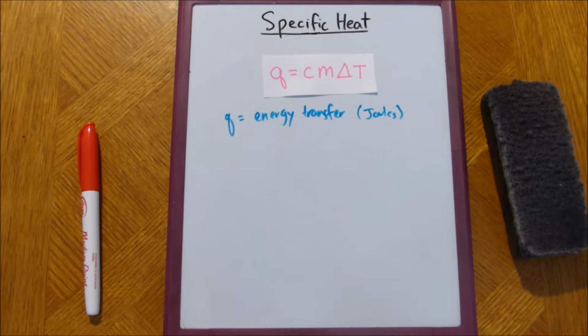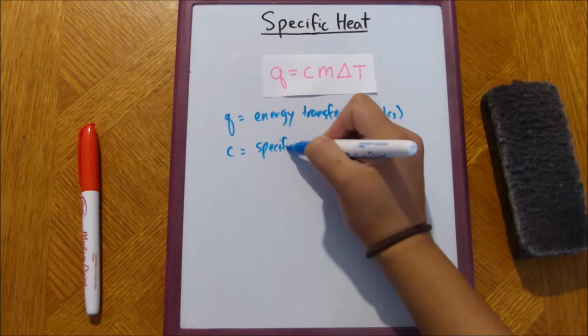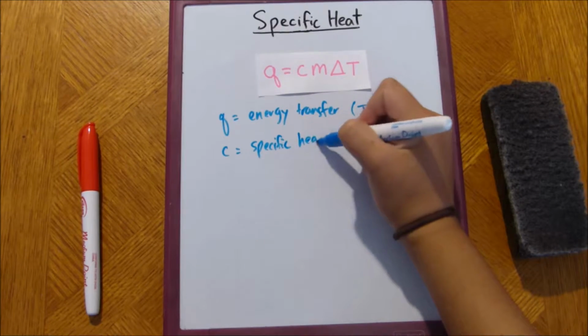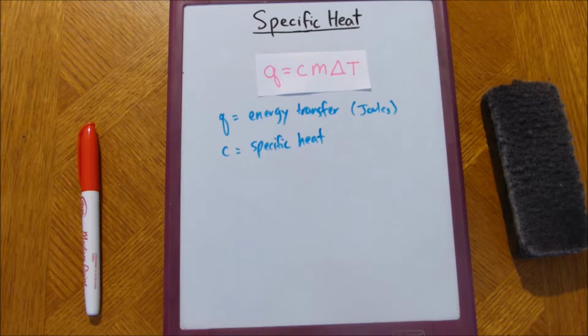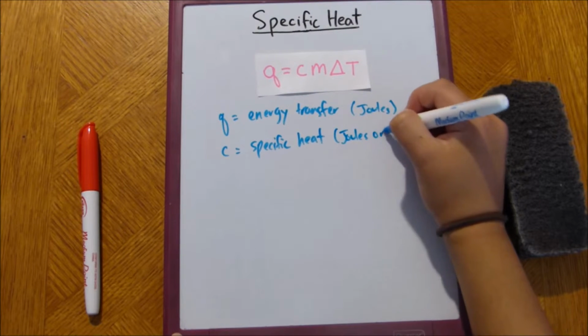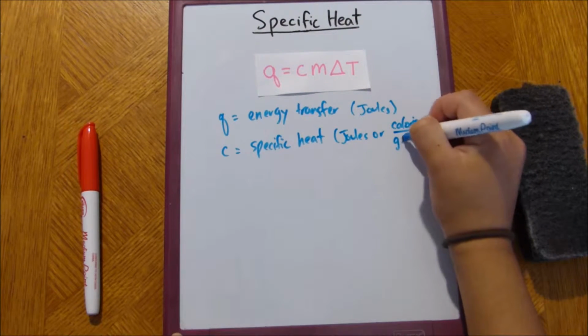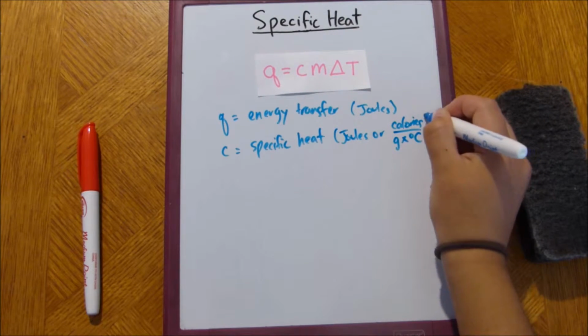We've got our C, which is our actual specific heat, and our specific heat is either in joules or calories over grams times degrees Celsius.